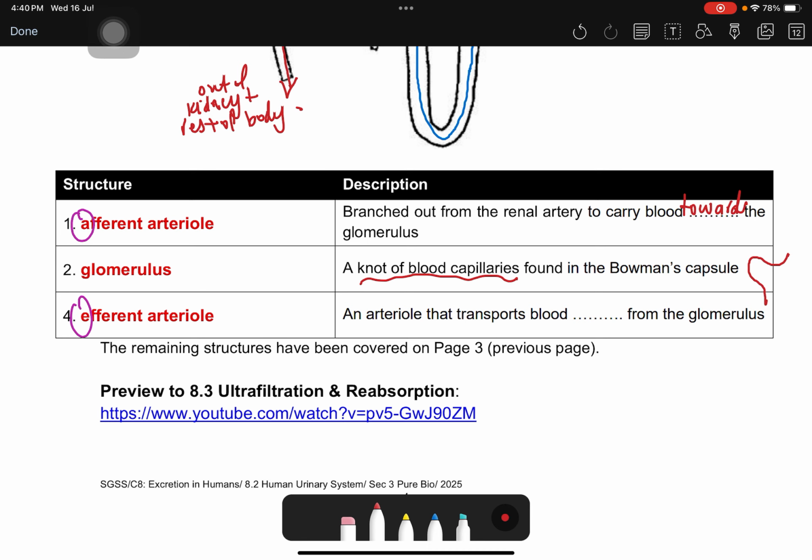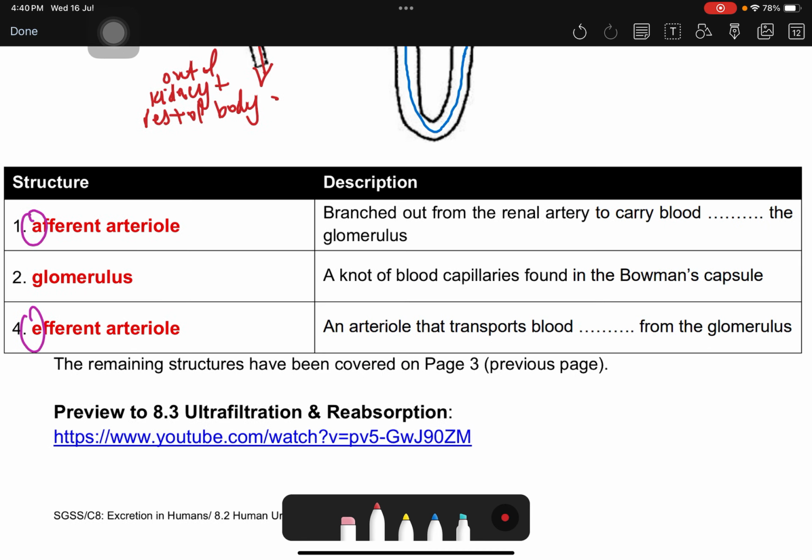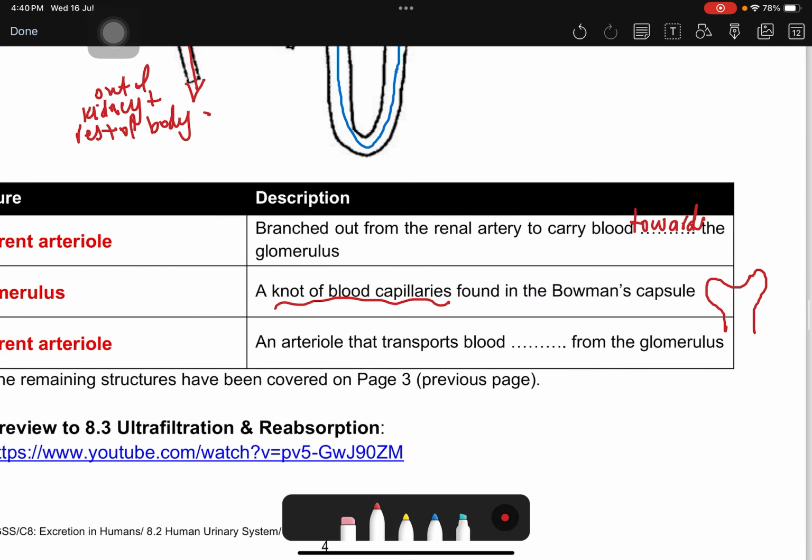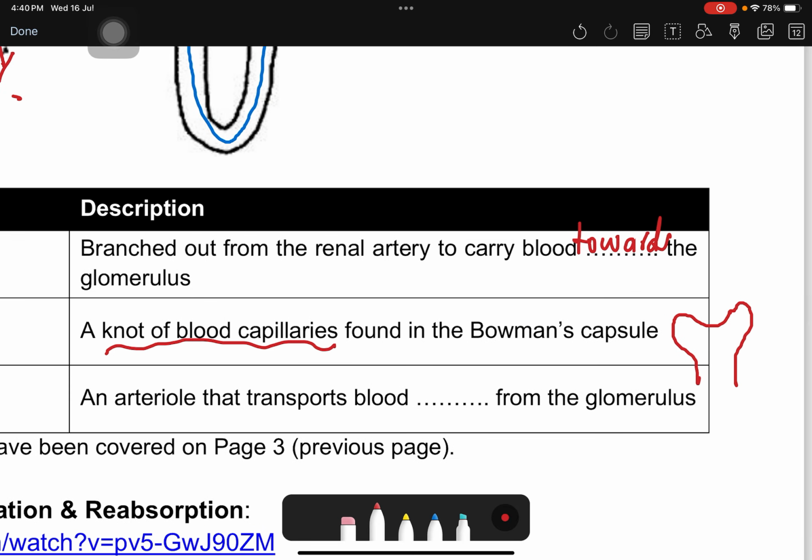The Bowman's capsule is a cup-like structure, and then the blood vessels, afferent, not glomerulus, efferent. So A and E, afferent, efferent arterioles, and in the center is the glomerulus. This is where blood travels at high pressure for filtration to occur.